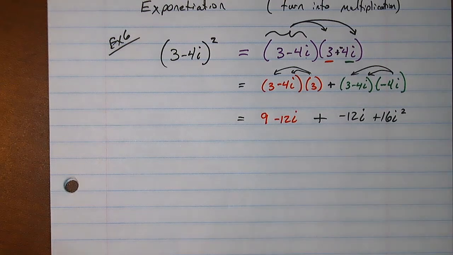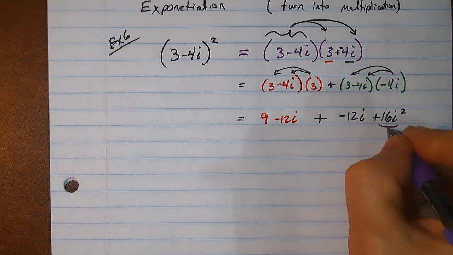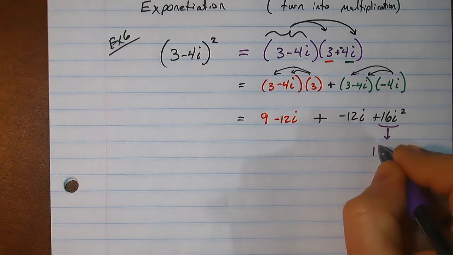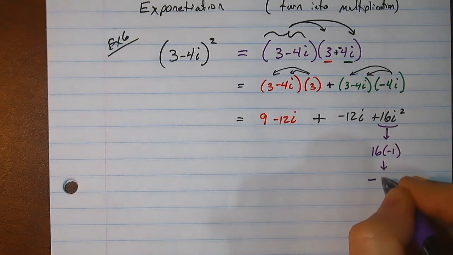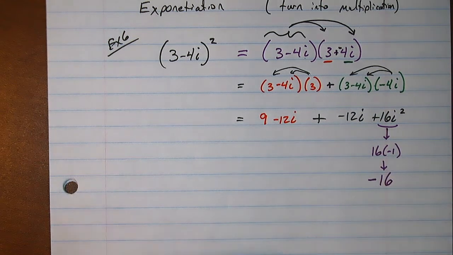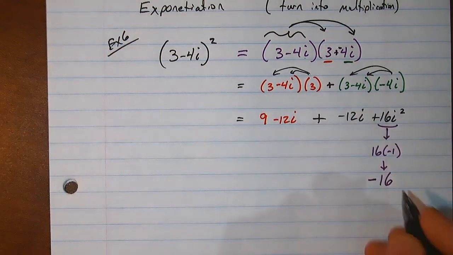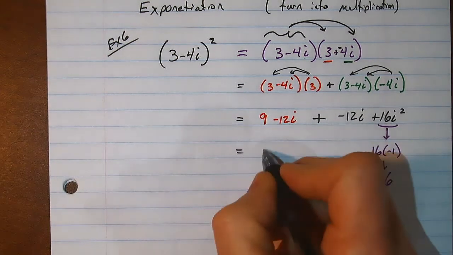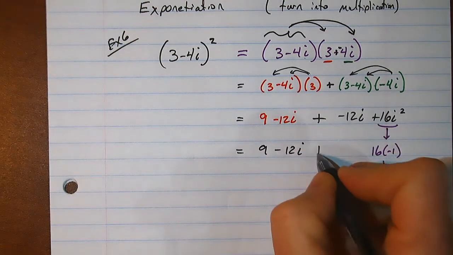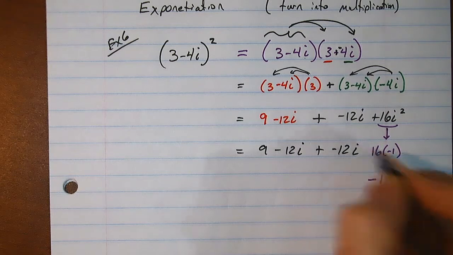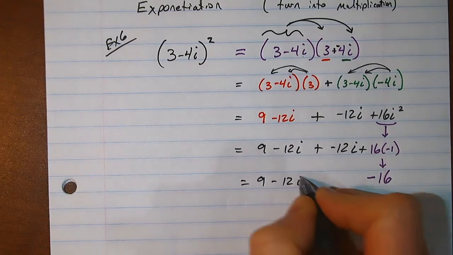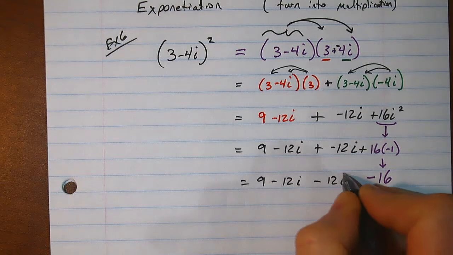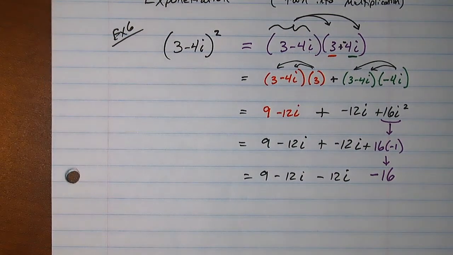Again, like Aunt Sally says, we're going to take care of this squared piece first. So this is going to become a 16 times -1, which is equal to a -16. All the rest of this stuff is still the same. We haven't fooled around with anything else yet. Now I've taken care of all my exponents.